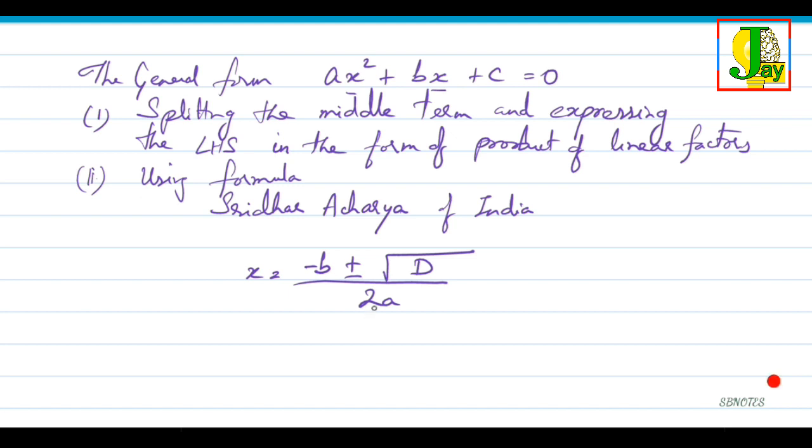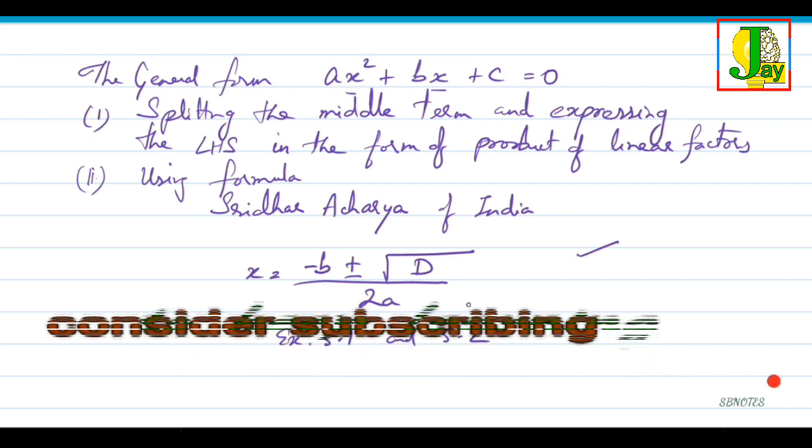Now b and a are the usual terms here. D is known as the discriminant. We are going to know about the discriminant and this method later in other classes, but in this class we are going to see exercise 5.1 and 5.2. We'll also discuss the nature of the roots of the equation in other classes.